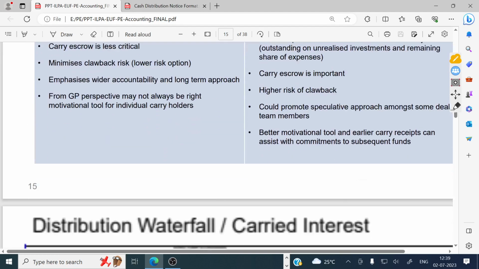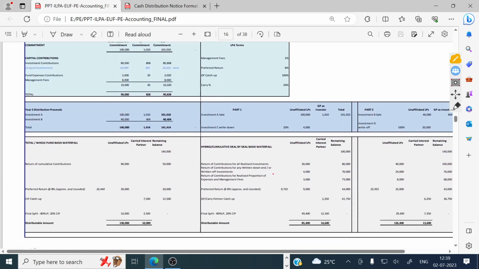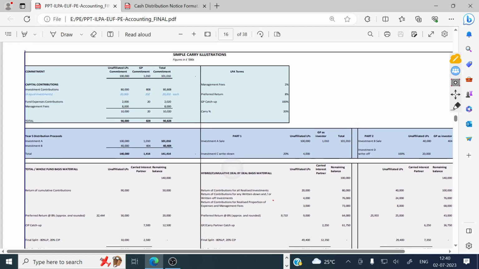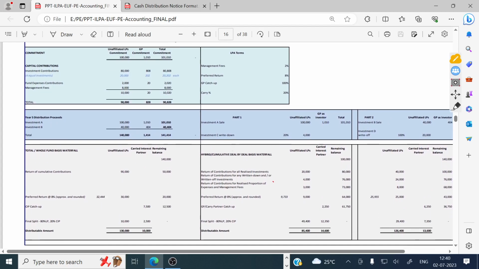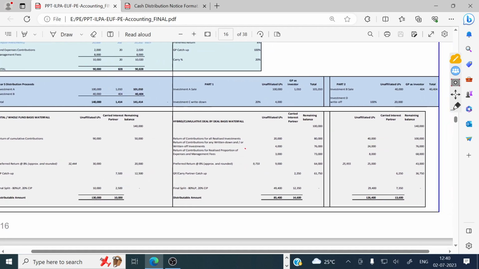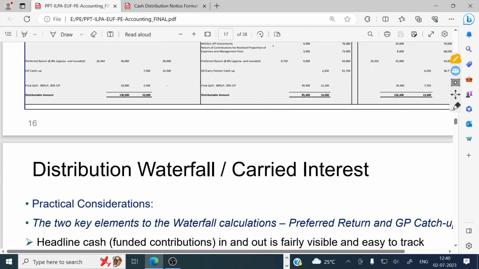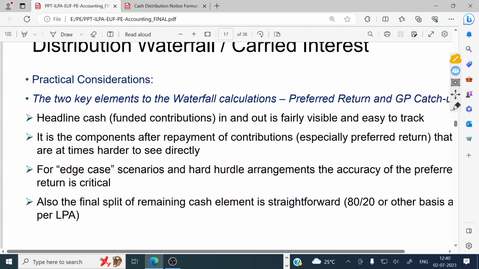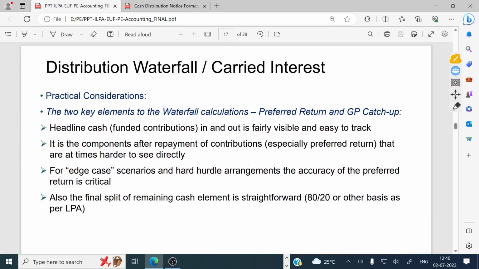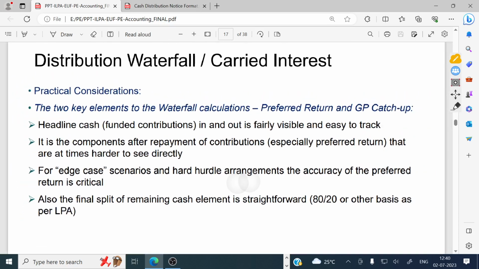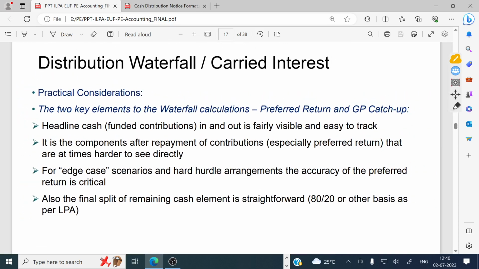If you see this portion: catch up, final split, preferred return, return of cumulative, general partners investment, distribution, waterfall and carried interest.